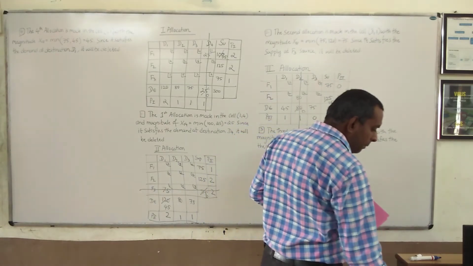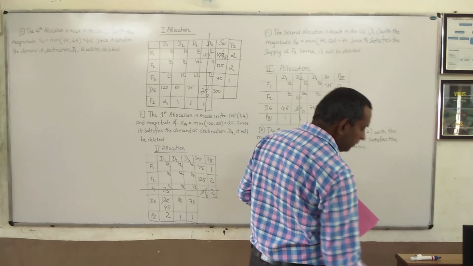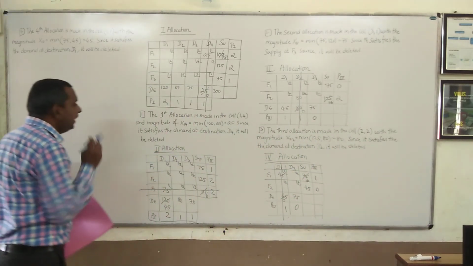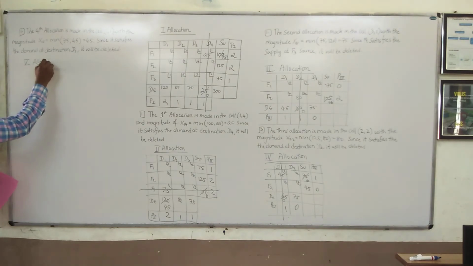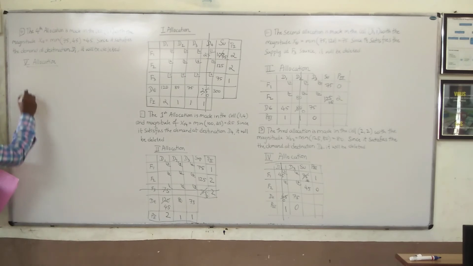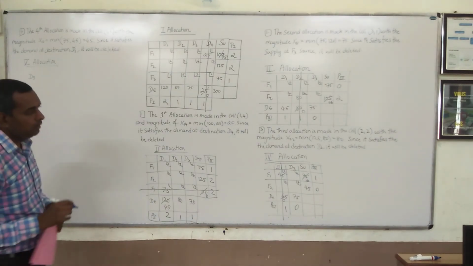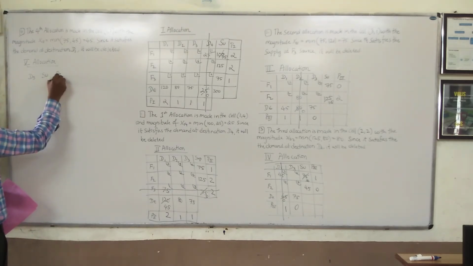Fine. So what happens here? This is deleted. So we have to go for fifth allocation. So what happens in fifth allocation? We have to draw the table here. Remaining is D3, supply and penalty P5.